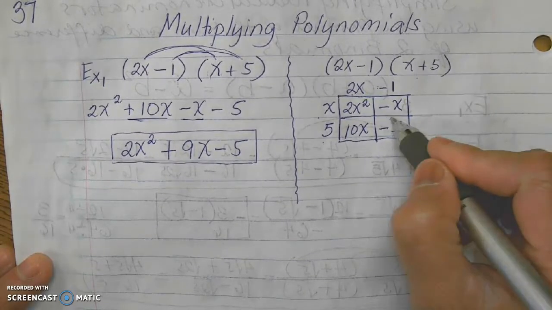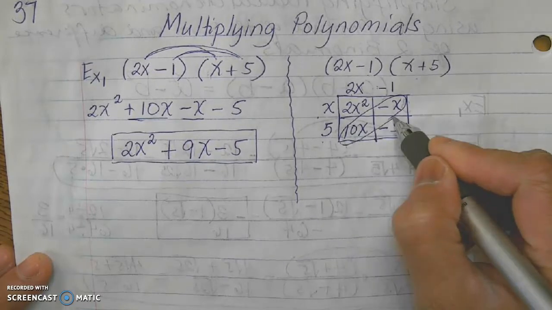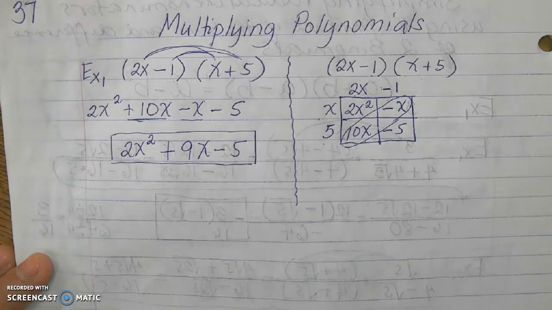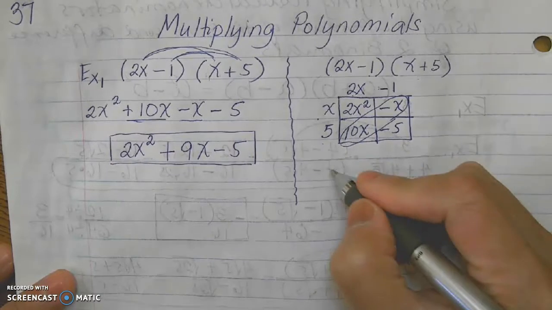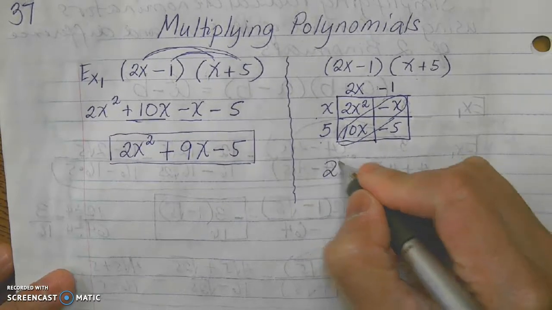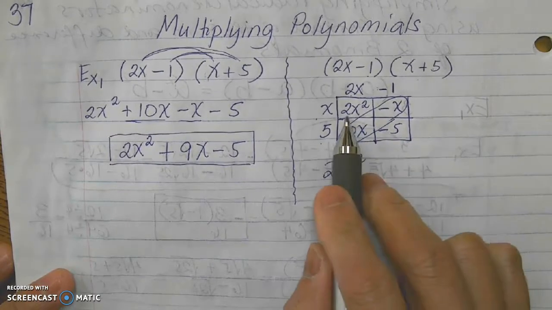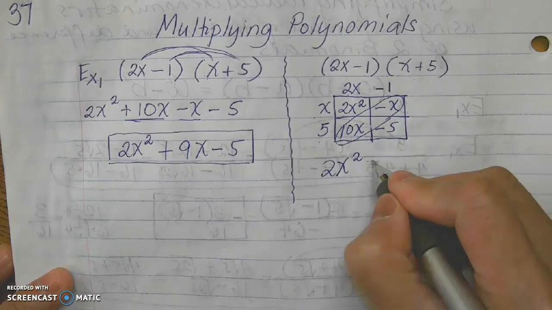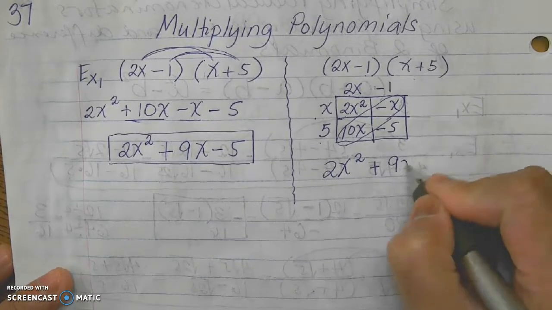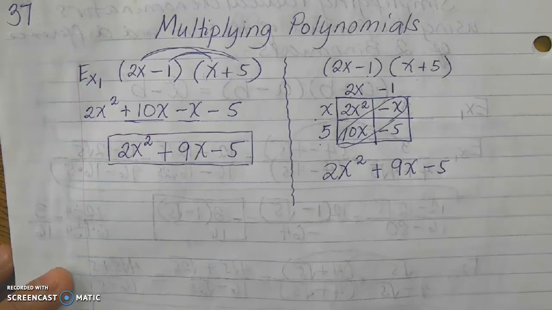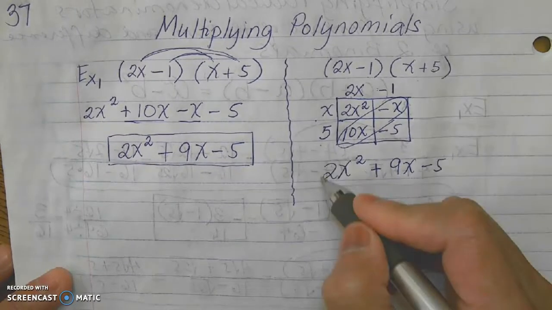If you notice here, you can combine those. So my final answer is 2x squared, because that's alone, I cannot combine it with anything, plus 9x minus 5. Same exact thing as what I got.